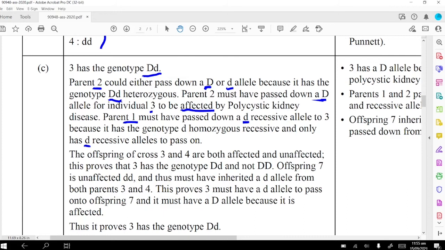This proves that 3 has the genotype big D little d and not big D big D, because offspring number 7 is unaffected and homozygous recessive and thus must have inherited a little d from both parents 3 and 4. This proves 3 must have a little d to pass down, otherwise we won't see that in number 7, and it must have a big D because the other child is affected. Okay, thus it proves number 3 is big D, little d.